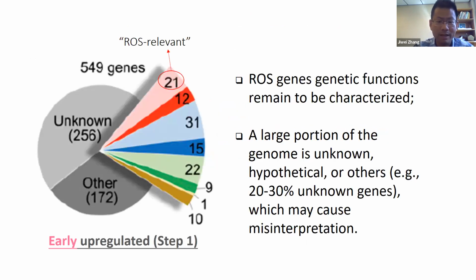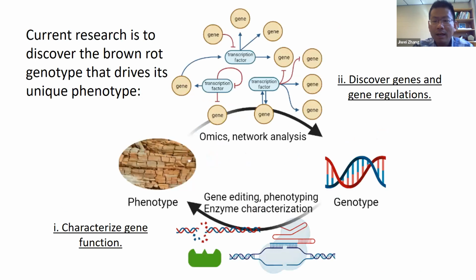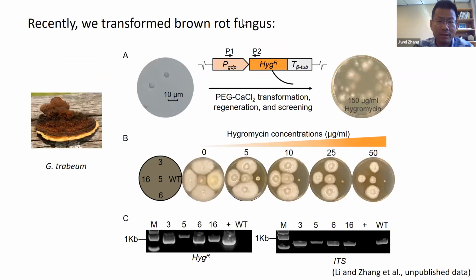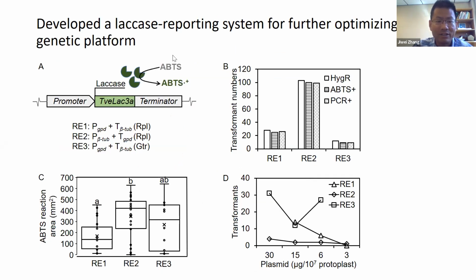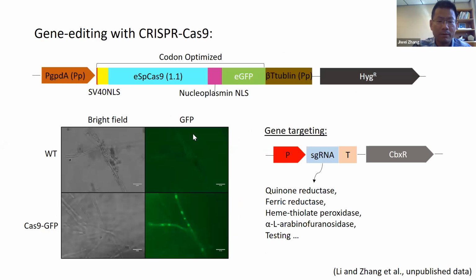So we decided to do more genetic studies to link the brown rot phenotypes to genotypes. Thus we developed the brown rot transformation system, and we heterologously expressed a laccase gene in our brown rot system. Then we developed this laccase system as a reporting system to further optimize the brown rot platform.